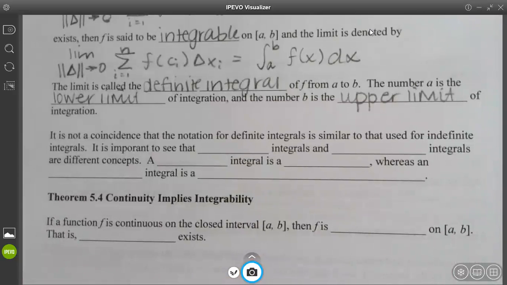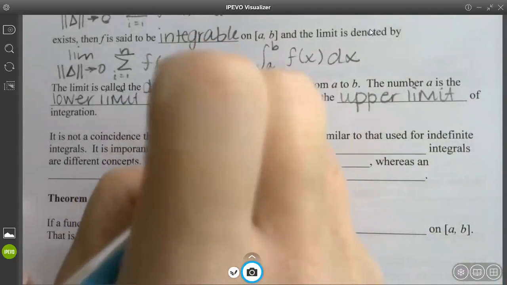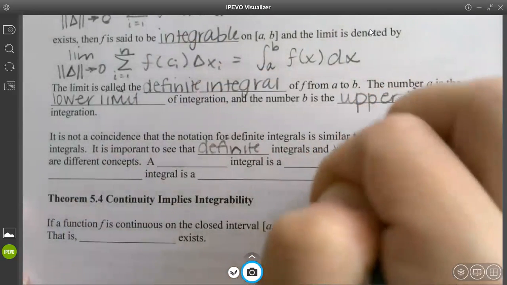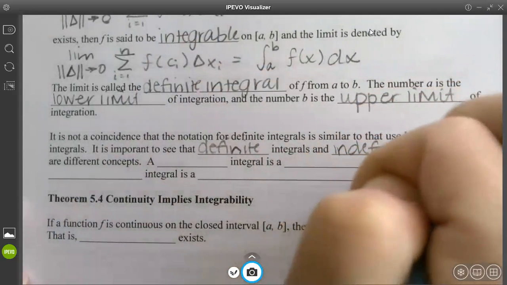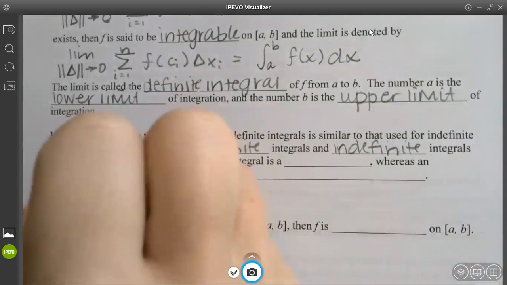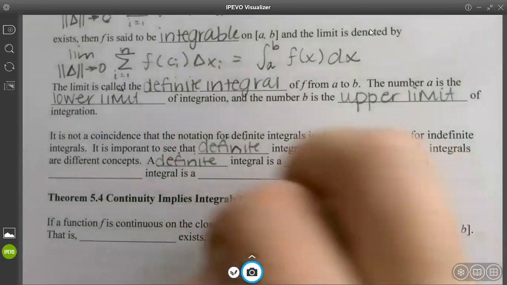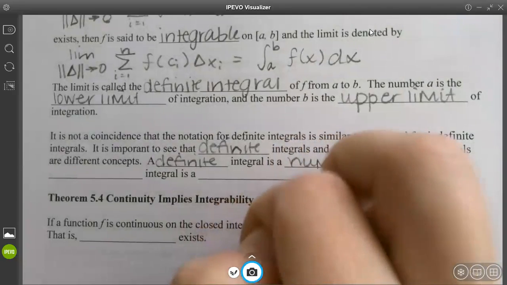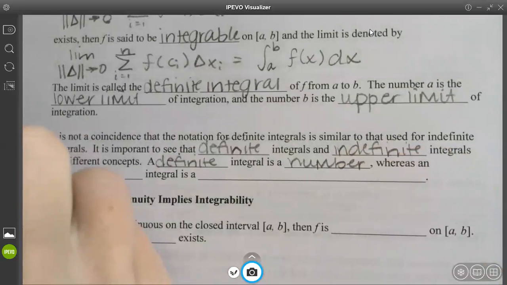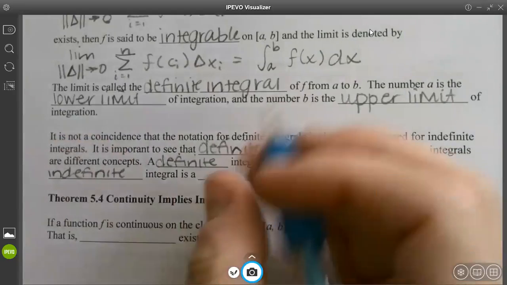It is important to see that definite integrals and indefinite integrals are different concepts. A definite integral is a number, whereas an indefinite integral is a family of functions.